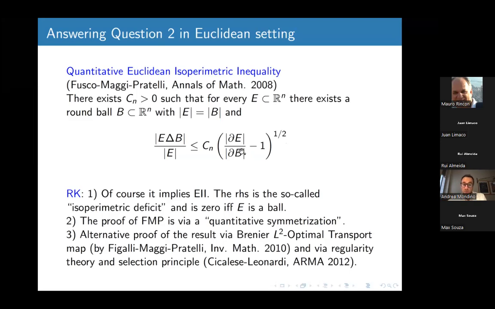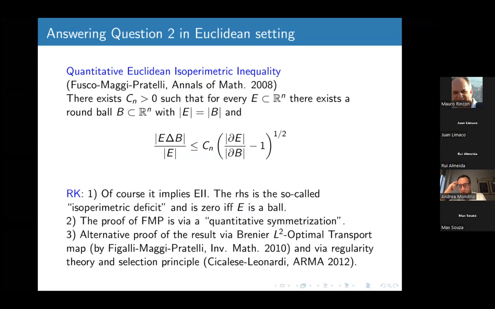And since it is a beautiful result, there have been various alternative proofs. When you have a good result, having more proofs of it is a symptom that this result is interesting. So there has been more than one proof of this inequality.